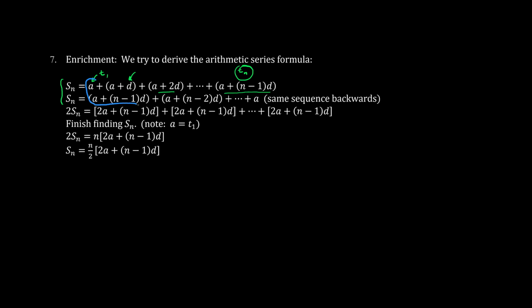A plus (n minus 1)D is, in square brackets, 2A plus (n minus 1)D. And we continue this diagonal pattern where we have A plus A, and when we add a D here, the (n minus 2)D becomes the (n minus 1)D.